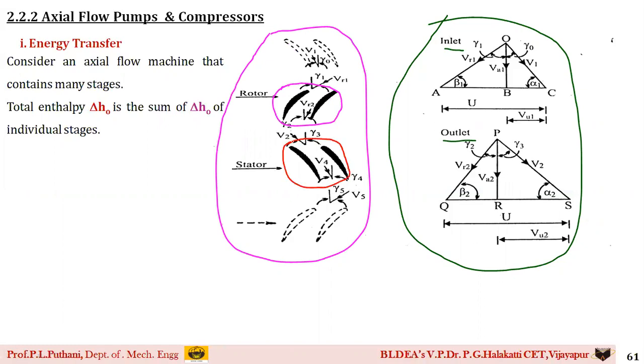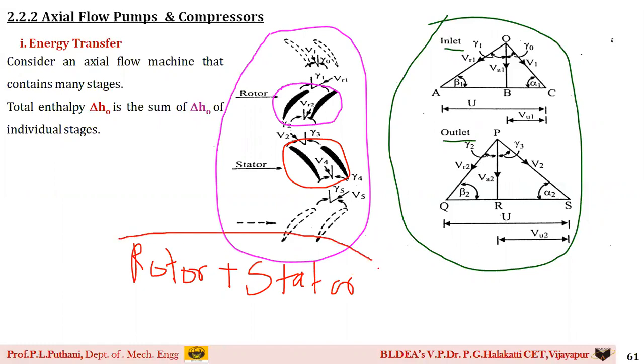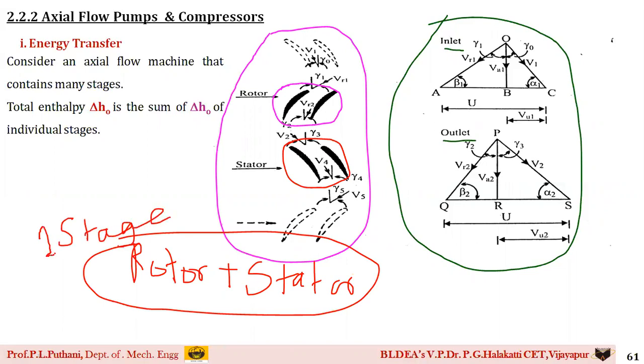Generally in pumps and compressors, flow occurs through one stage, which consists of a set of rotor and stator together. So one stage means one set of rotor and stator. Two stages means two sets of rotor and stator.